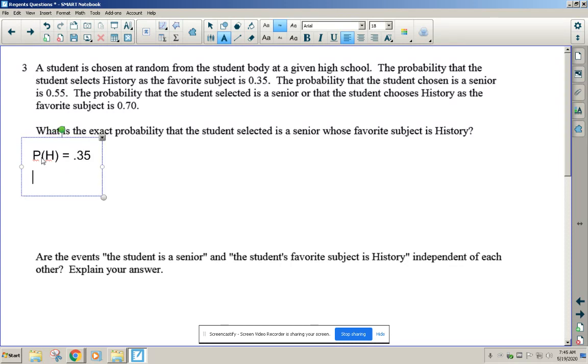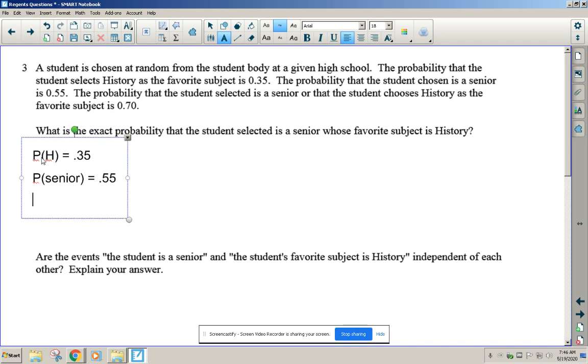Then they tell me the probability that I'm talking about a senior is 0.55. Now, the probability that the student chosen, the student selected is a senior, or that the student chooses history as the favorite subject is 0.70.